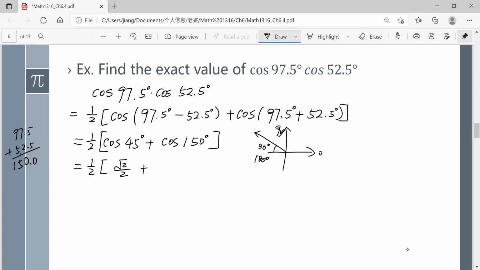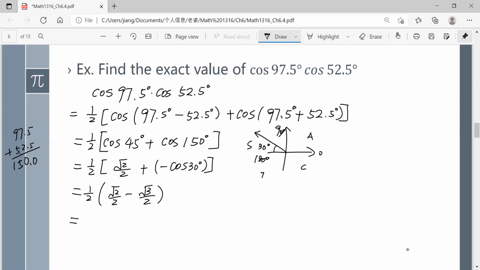30 degrees. So cosine in the second quadrant is negative. That means it equals negative cosine 30 degrees. Then I think we can just use parentheses. Square root of 2 over 2 minus cosine 30 degrees, that's square root of 3 over 2.